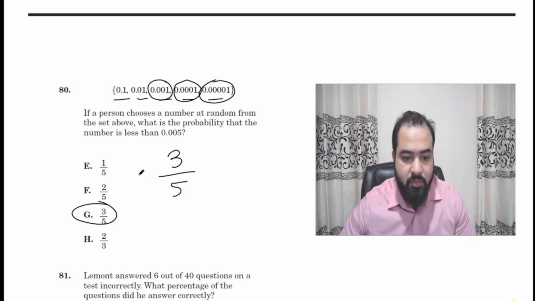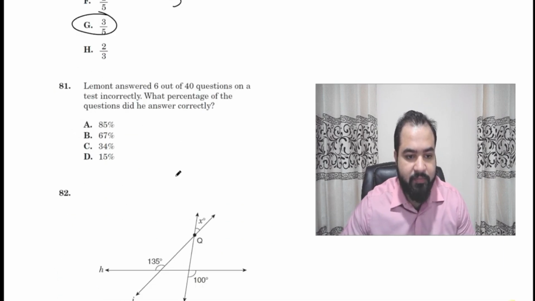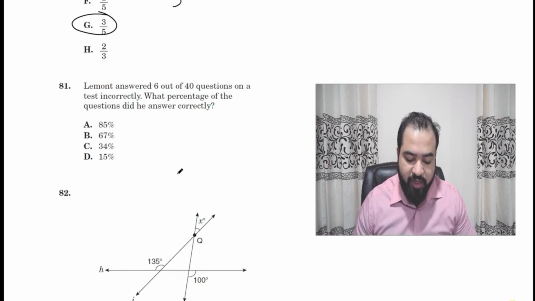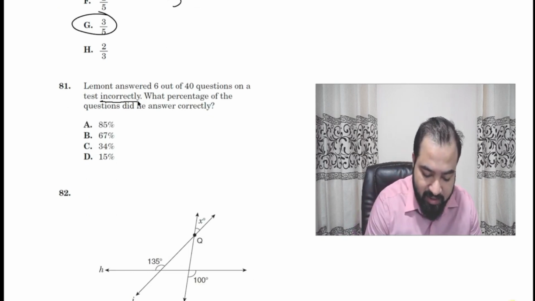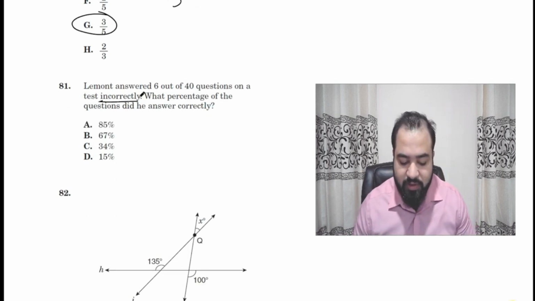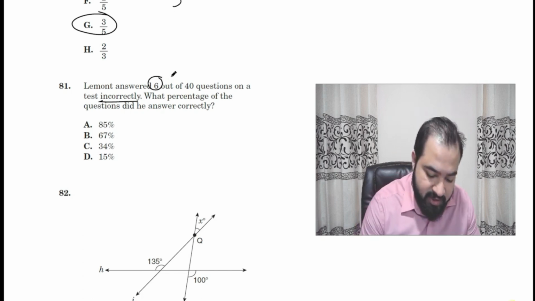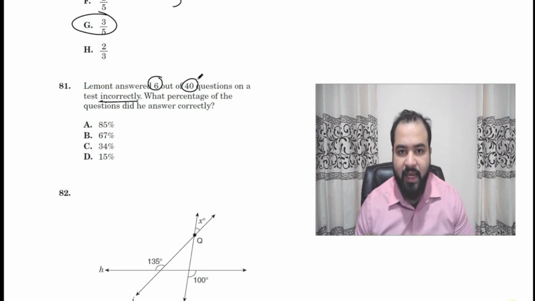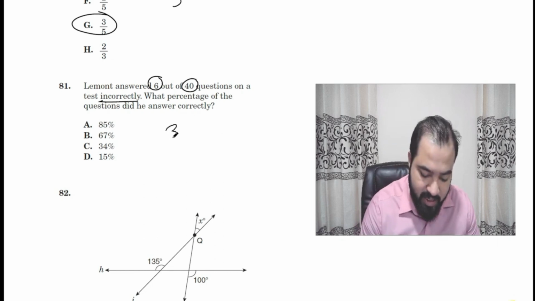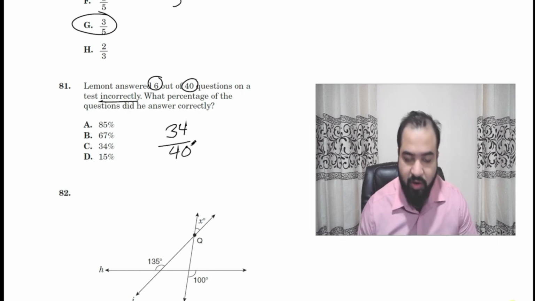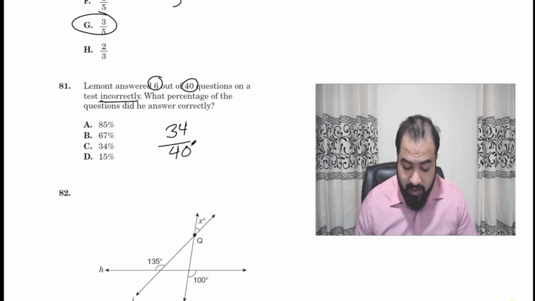Now let's go to question number 81. He answered 6 out of 40 questions on the test incorrectly. What percentage of the questions did he answer correctly? If 6 out of 40 were incorrect, he answered 34 out of 40 correctly.